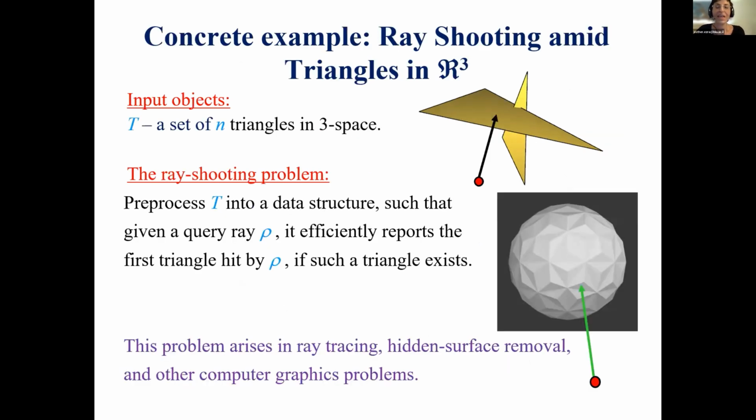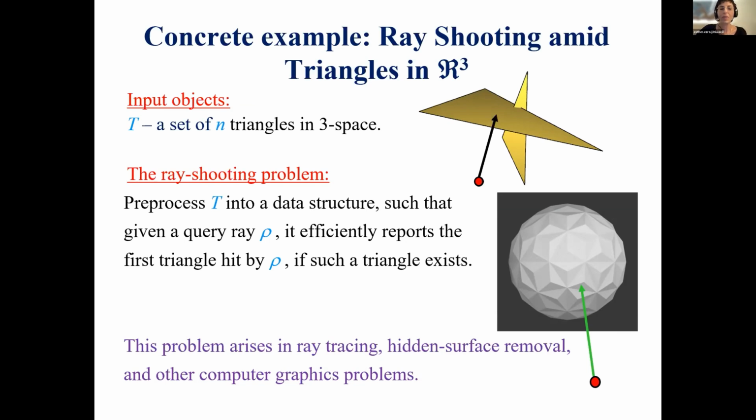I'm going to talk, for a considerable part of this talk, about a concrete example, which is ray shooting. So ray shooting amid triangles in free space. Here the input consists just of n triangles in free space.